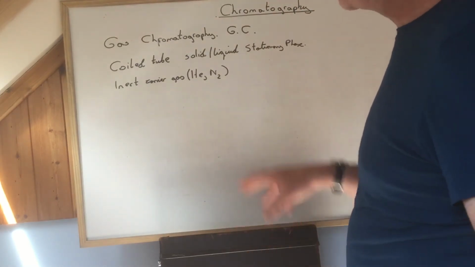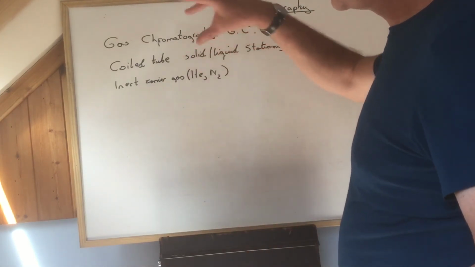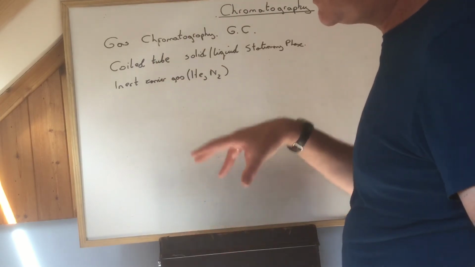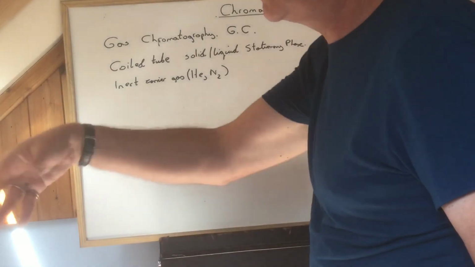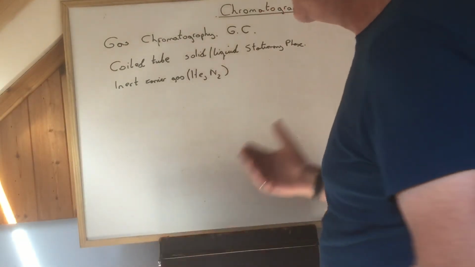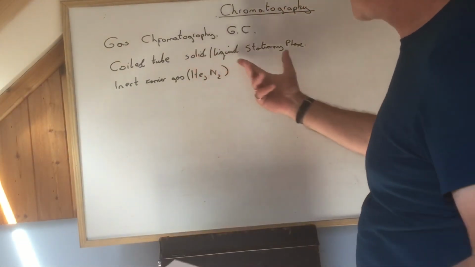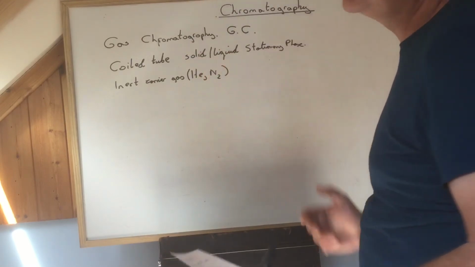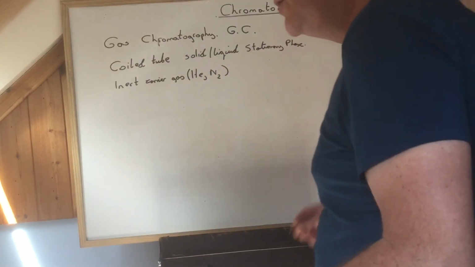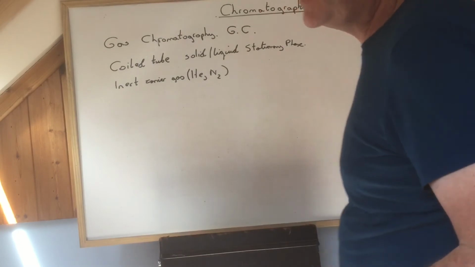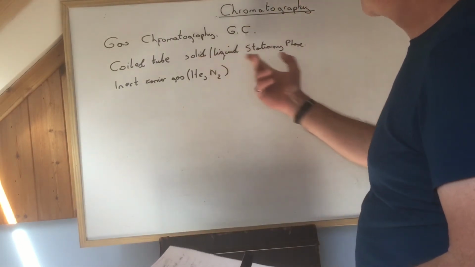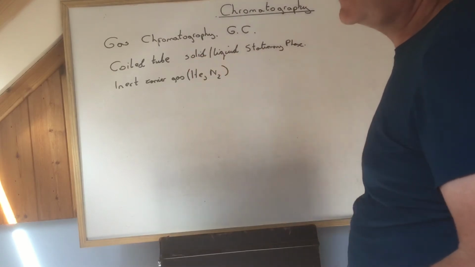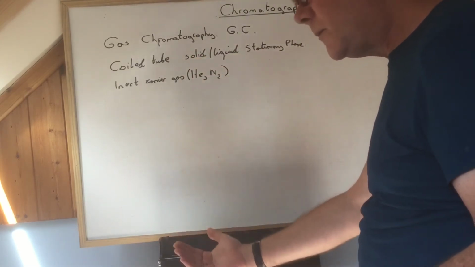Something injected that sticks to the stationary phase takes a long time to go through the column because it gets stuck in there. Something that doesn't interact with this solid or liquid stationary phase will pass through the column very quickly, and the interaction between each component and this phase separates them out.